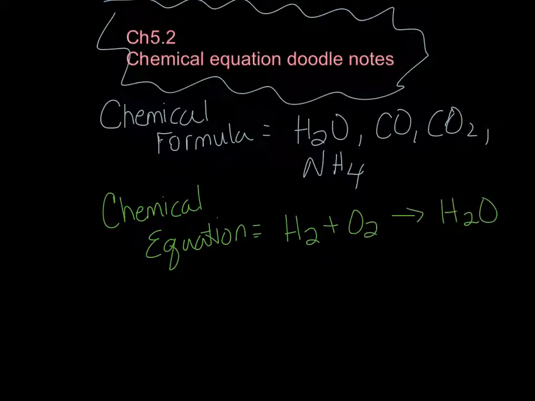So it's a combination of chemical formulas that are added together or decomposing and yielding a product. Okay, so you've got your plus sign, really important, and you have your yield sign in your chemical equation.